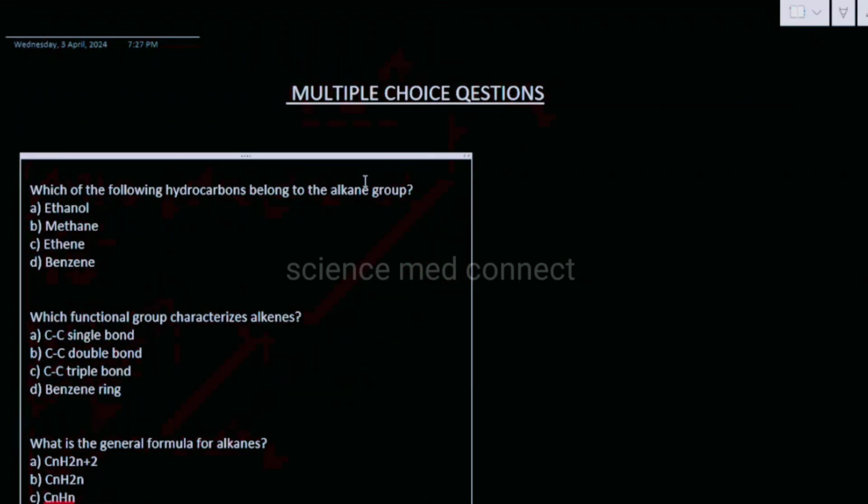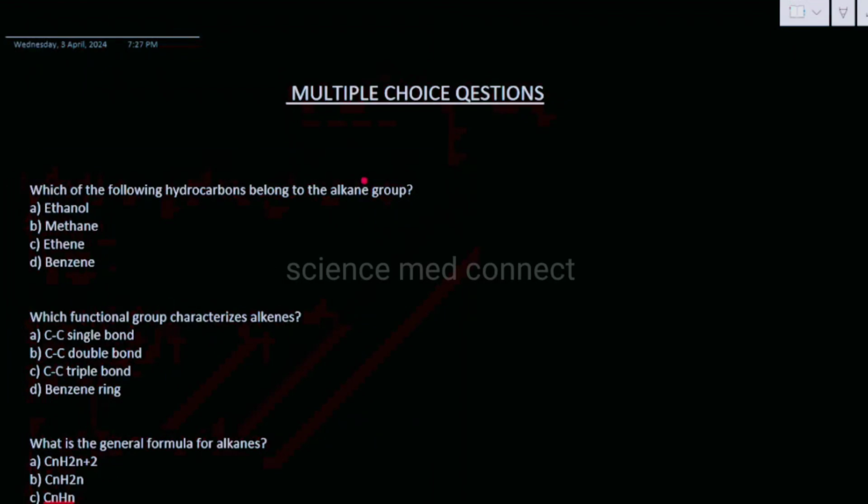So now let's discuss the quiz. The first question is, which of the following hydrocarbons belongs to alkane group? We know the suffix must end with "ane". The answer is B. It's methane, because it's ending with the suffix "ane".